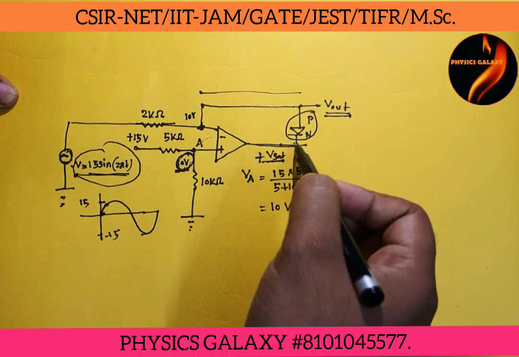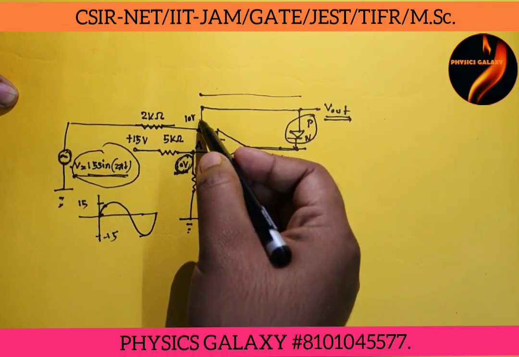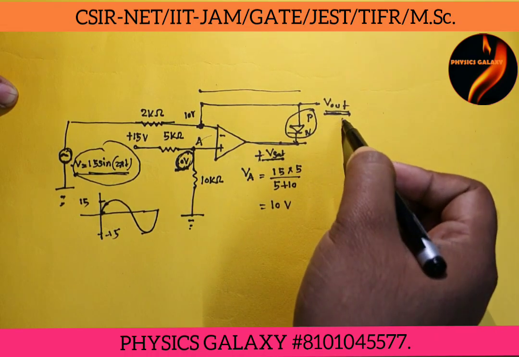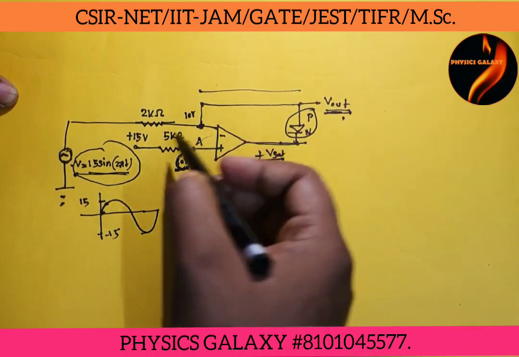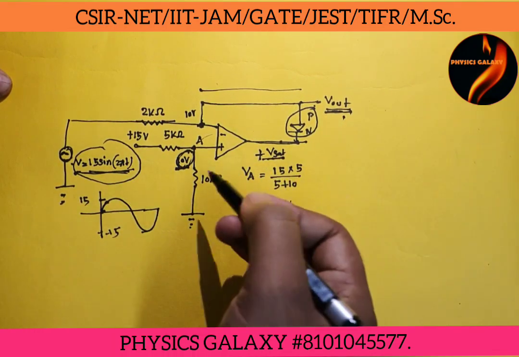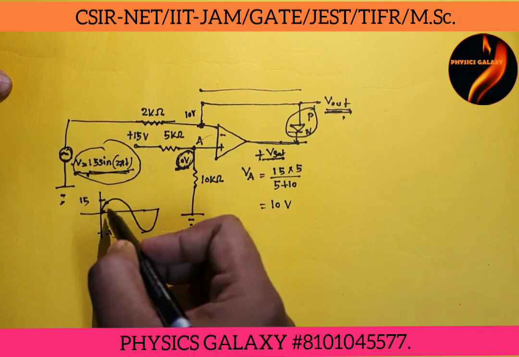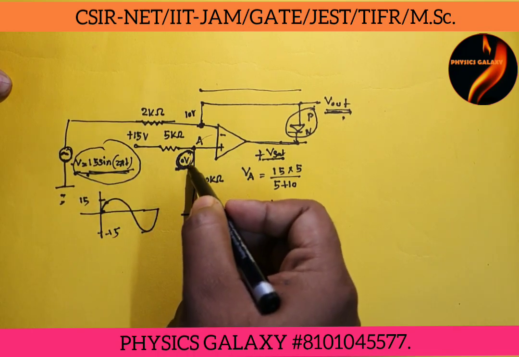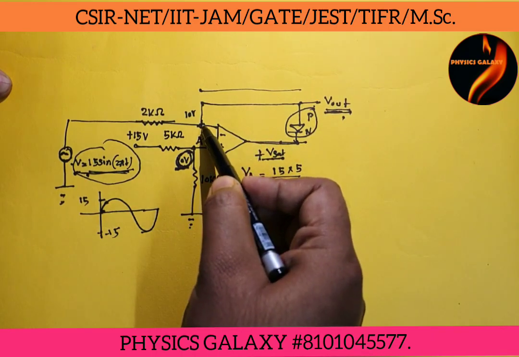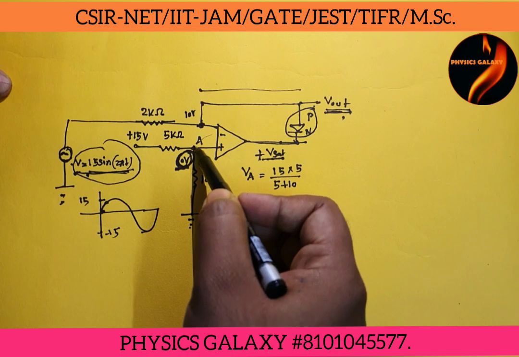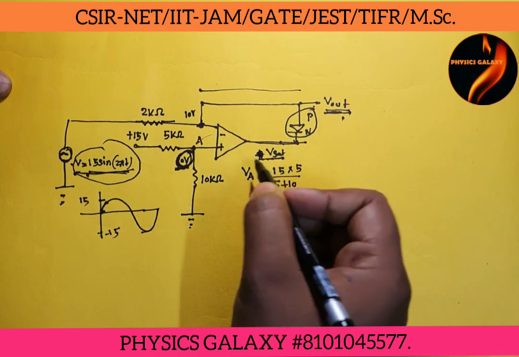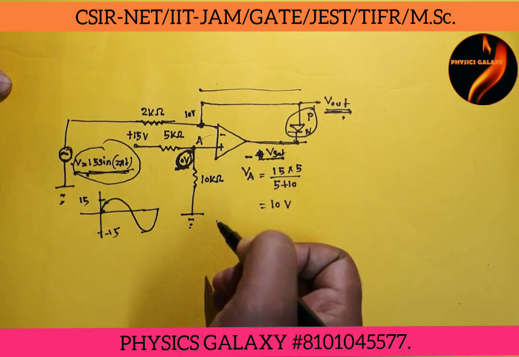So in this condition the feedback circuit will be acted here. So the output voltage will follow this voltage. So when the sinusoidal voltage is greater than 10 volt, then this potential will be greater than this potential 10 volt, means the output voltage here will be minus V saturation voltage.